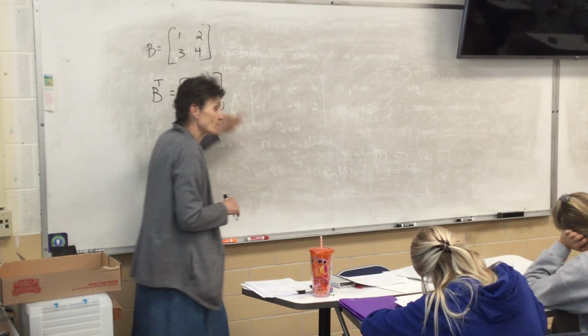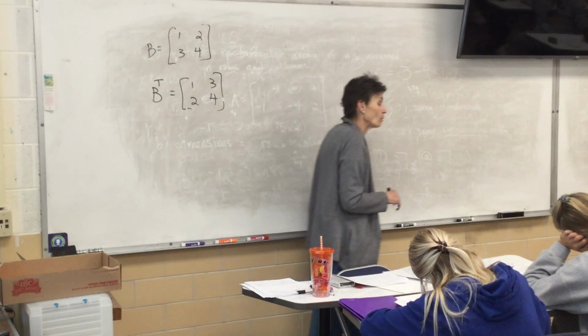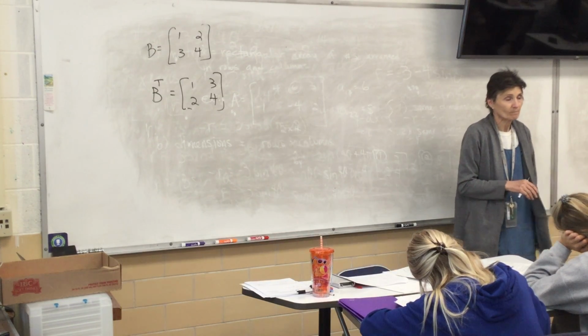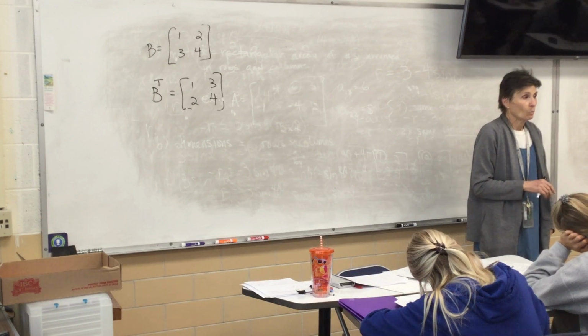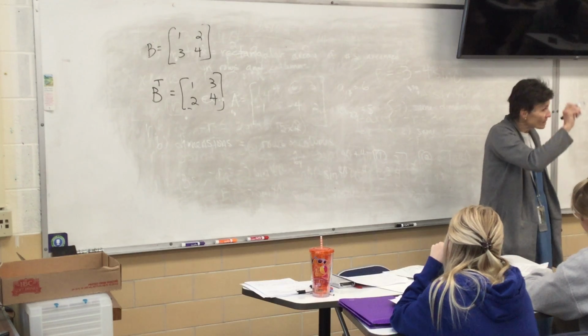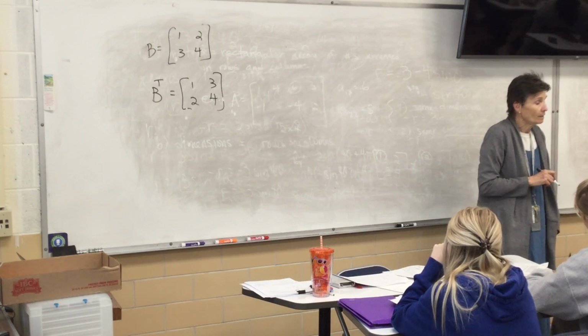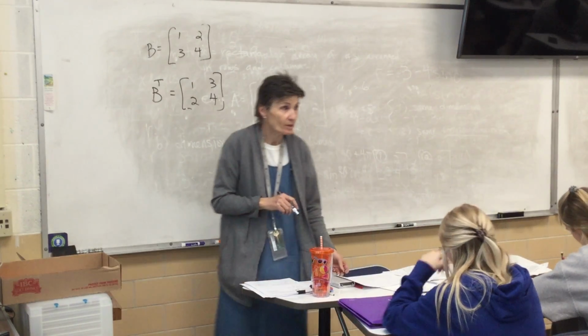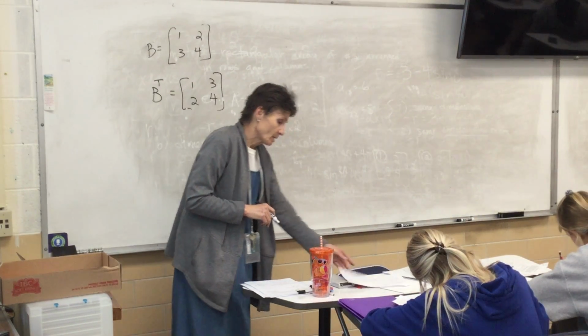So what is a transpose? It's the new matrix formed by interchanging rows and columns. So whatever is row 1 of the original becomes column 1 of the transpose. And believe it or not, the transpose has uses.